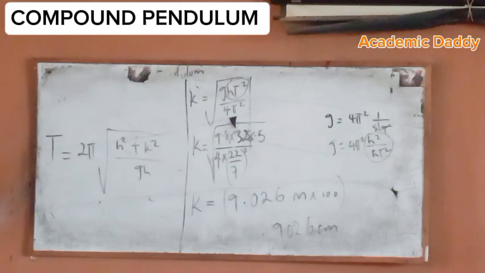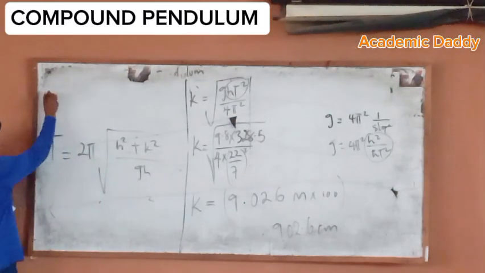So 4 things. 1 to determine g, gravity. 2 to determine your axis of rotation, which is k. 3 moment of inertia.